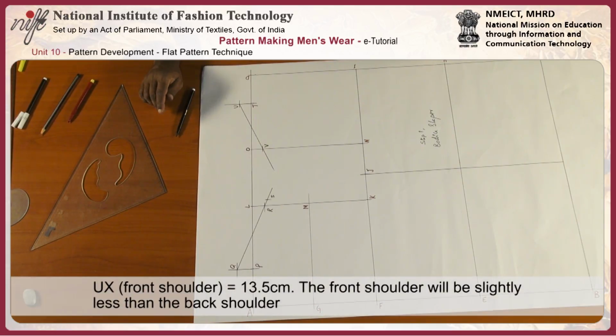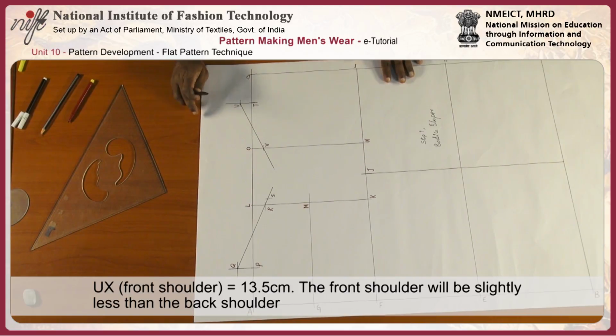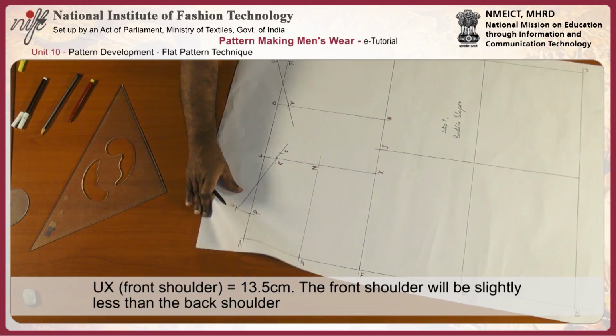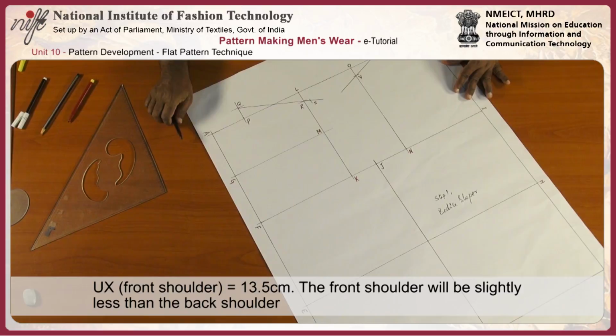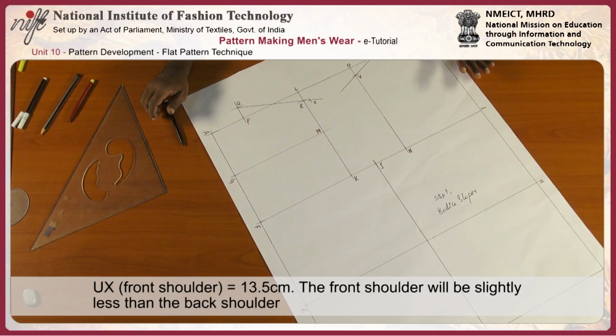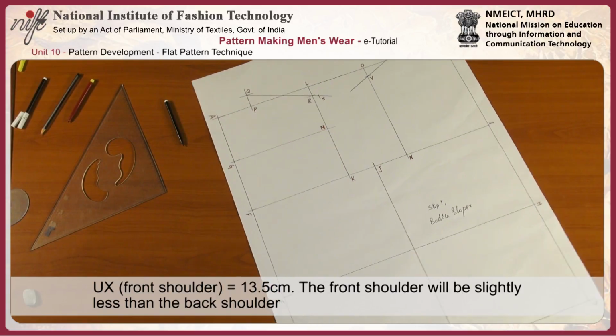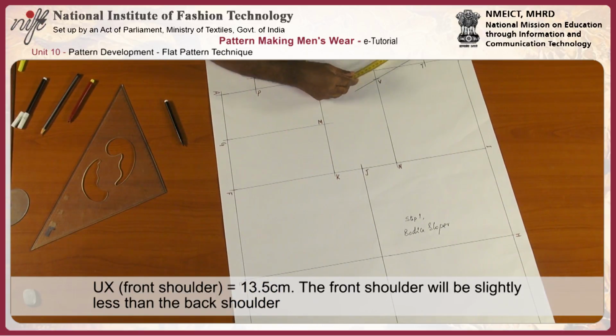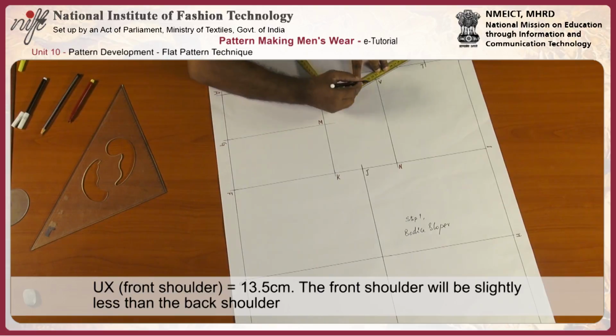From point U to X is the front shoulder, which is 13.5 centimeter. Remember, the front shoulder will be slightly lesser than the back shoulder, 15.5 centimeter.